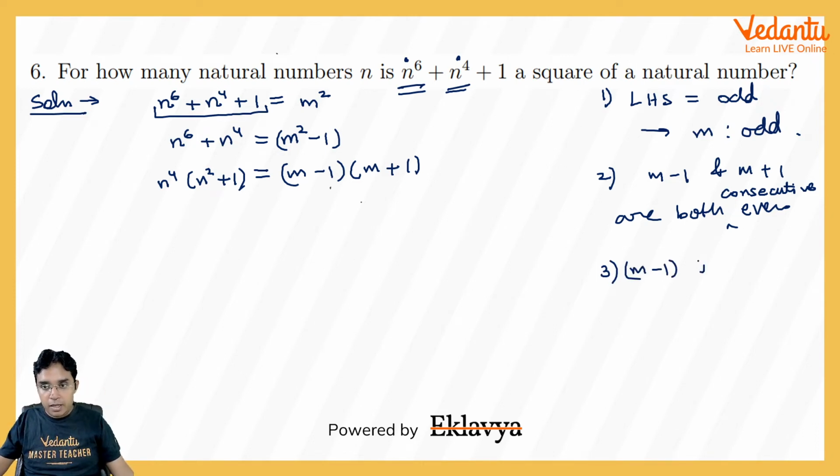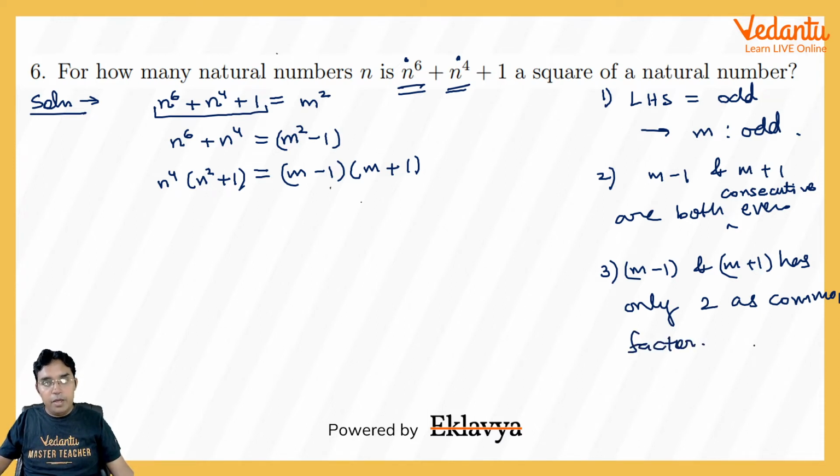M minus 1 and m plus 1 have only 2 as a common factor. Why am I saying so? Because m minus 1 and m plus 1 being two consecutive even numbers, one of them will be divisible by 2 only and the next will be divisible by 4.